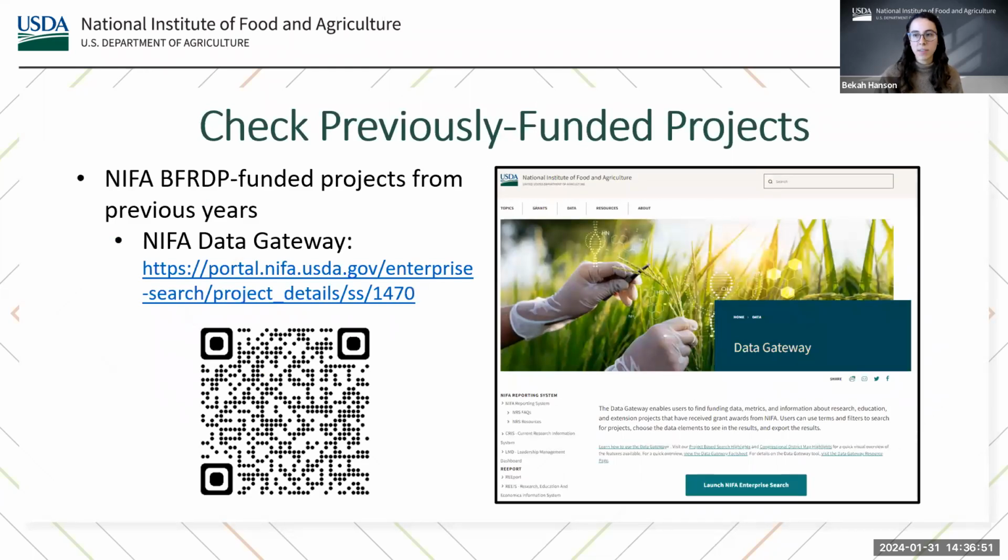This provides a list of all previously funded BFRDP projects. So we really do encourage you to take a look at that. It has education team projects, simplified all the way up to a large standard. So if you're wanting to see what's been done previously to get an idea, making sure that you're not repeating what's already been done, we strongly encourage you to take a look at those.